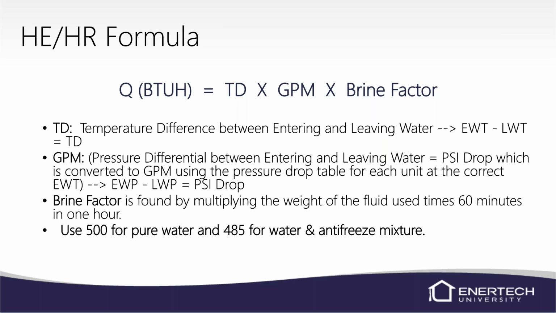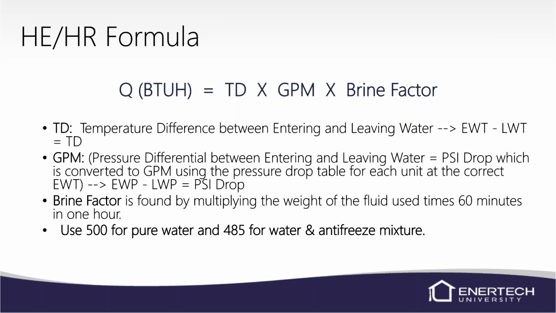Brine factor is more of a constant. If you have antifreeze in the system, use 485. If it's straight water, so you have an open loop, or you're down in Florida where it doesn't freeze, then just use 500. 500 for pure water.